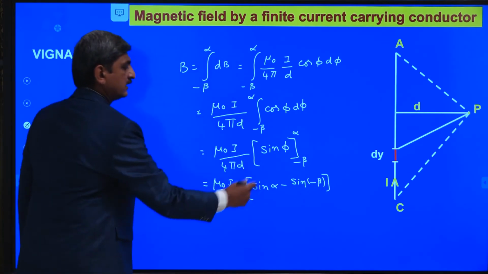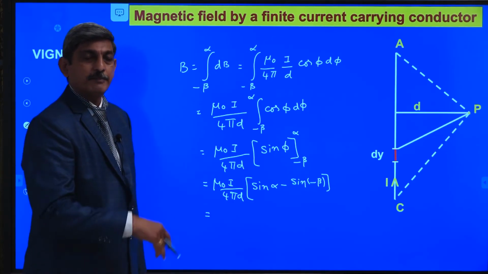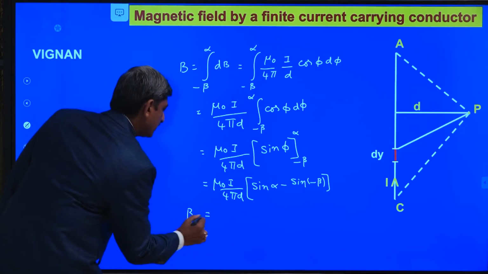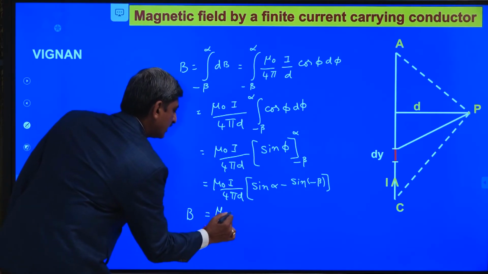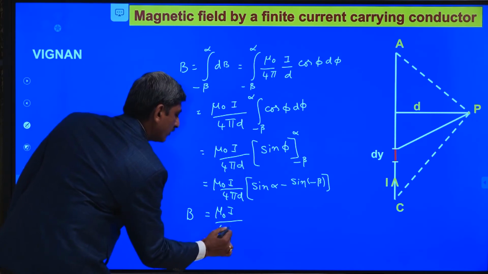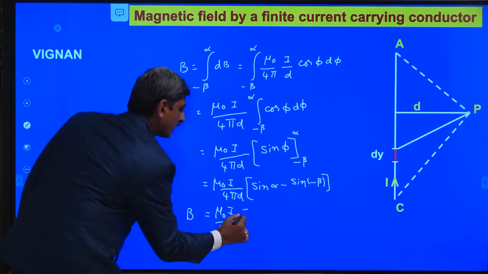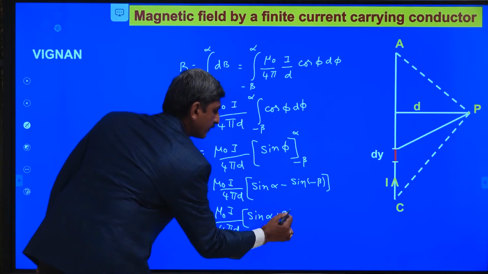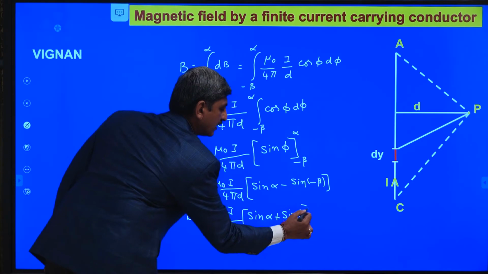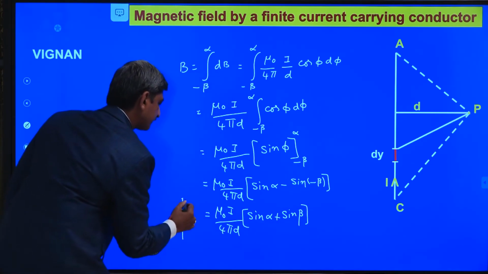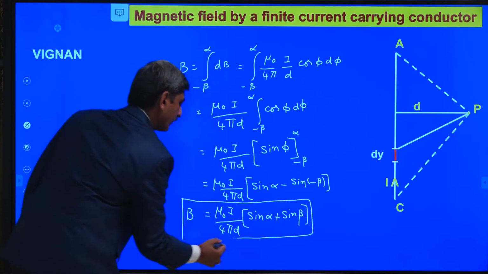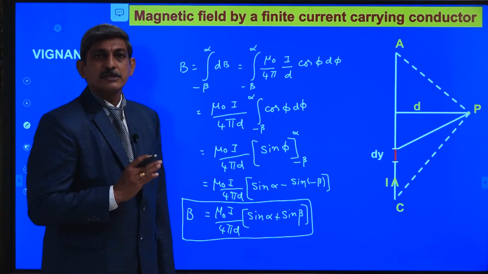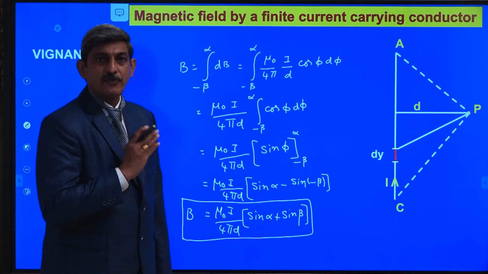We know that sin of minus beta is equal to minus sin beta, the minus signs cancel, and we have B is equal to mu naught I divided by 4 pi d into sin alpha plus sin beta, which is the expression for the magnetic induction produced by the straight wire of finite length.